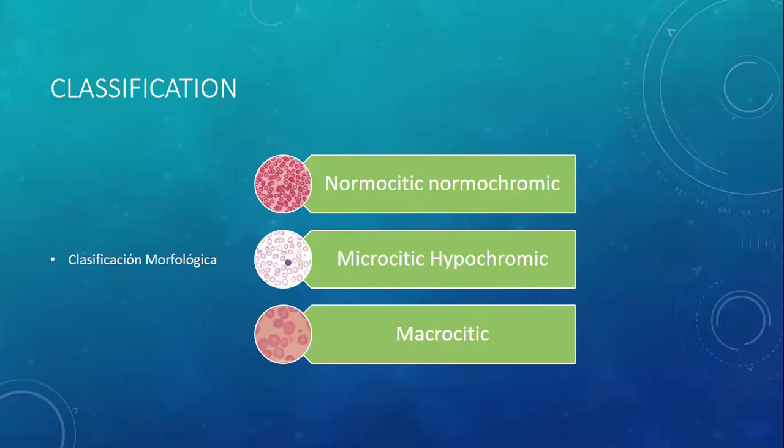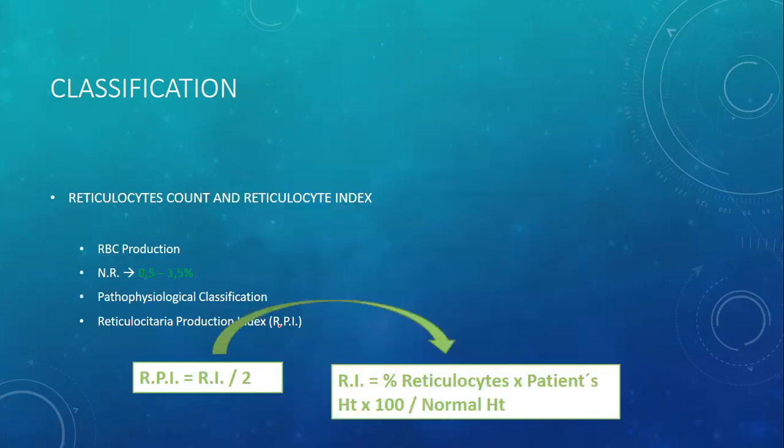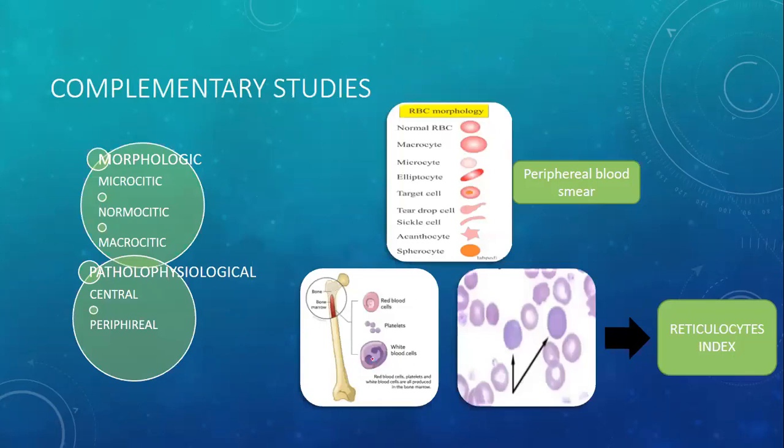So here we have regular, normal red blood cells. Here we have smaller and pale cells. They're not as red as these ones; they're kind of decolored. And the macrocytic, in which they are bigger than normal.